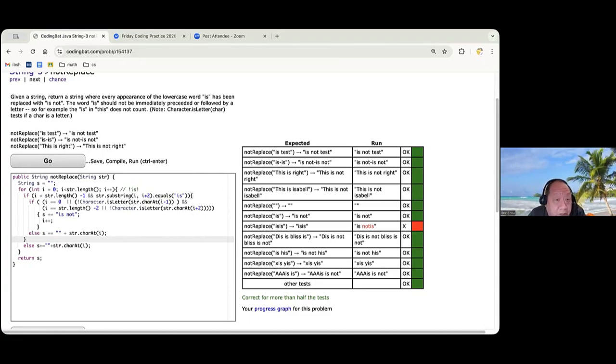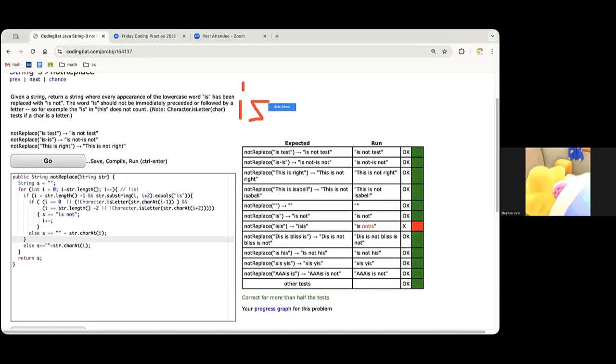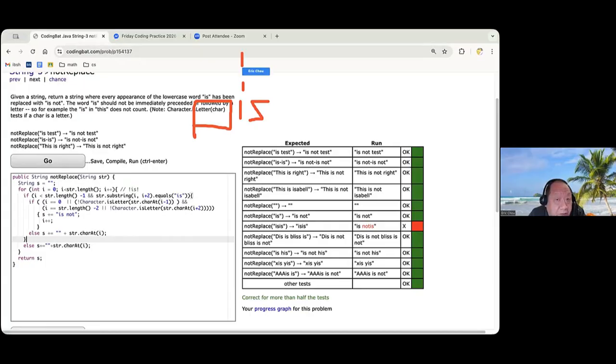This one you detect there's an is. You check the left side. So left side, if I equals 0, then the left side is not a letter. Or left side not a letter.